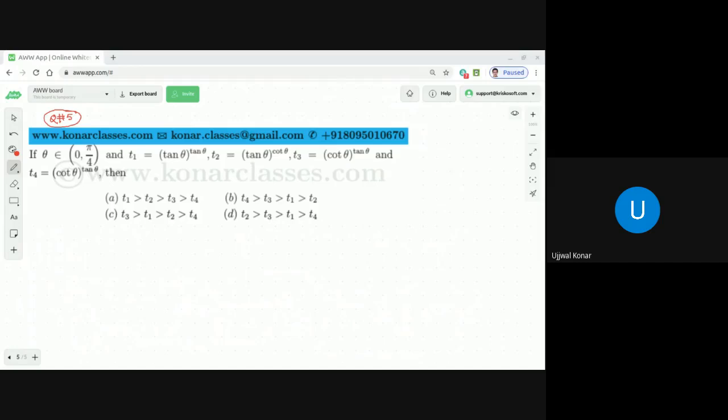Okay, so I think there is a small mistake here in the question. I hope you notice also. So T3 should be cot theta power cot theta. Okay, dear students.